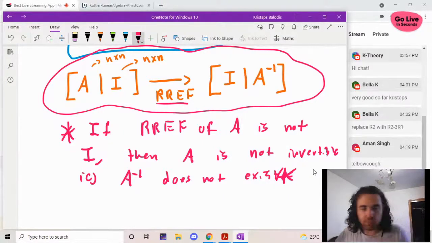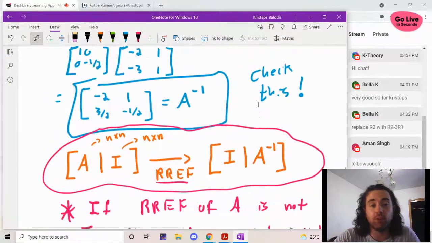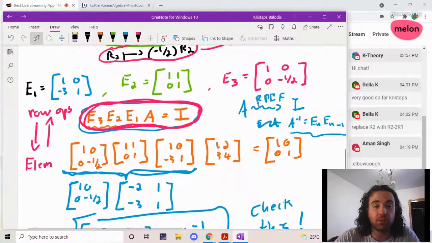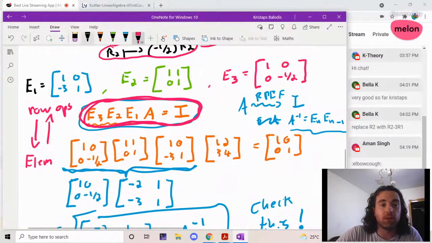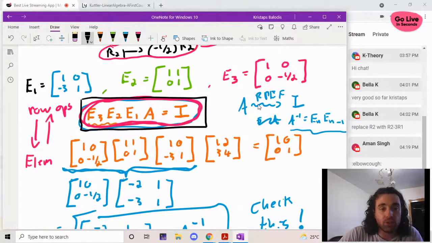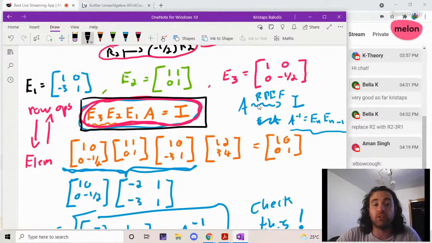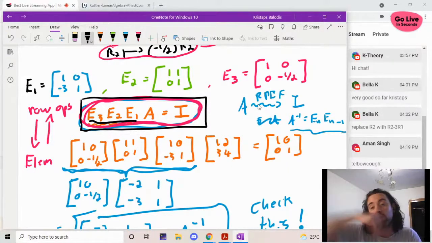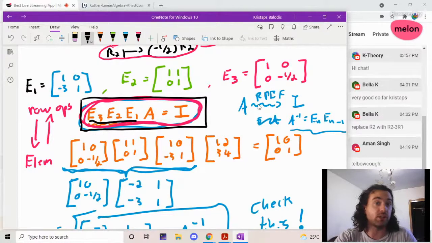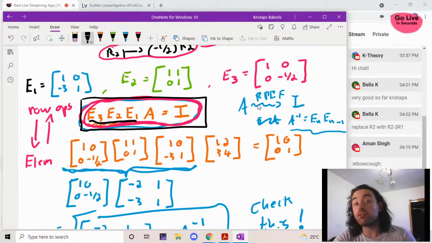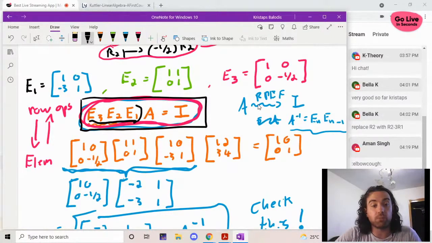And this basically boils down to more or less the same argument we made above about the elementary matrices, right? Because all the row operations can be formulated as matrix multiplication. It says if you can find row operations that turn your matrix into the identity when you multiply it by something, then that means you can actually find matrices to multiply your matrix by in order to get the identity.